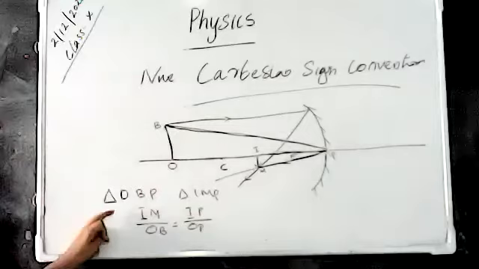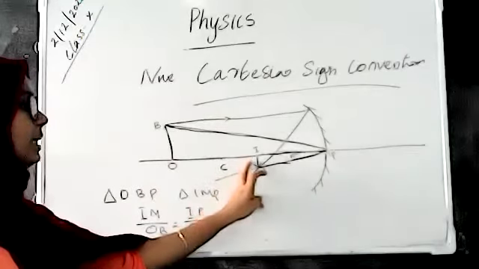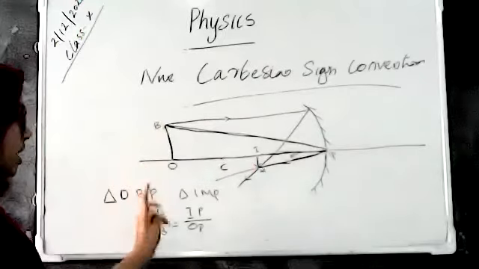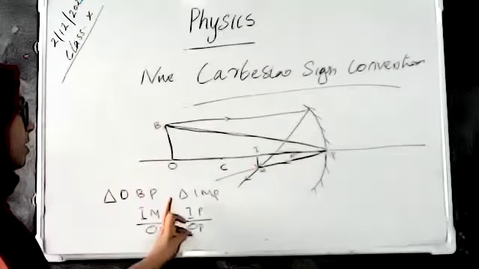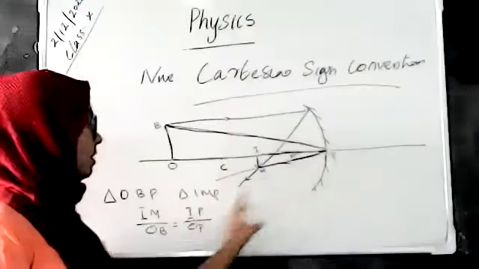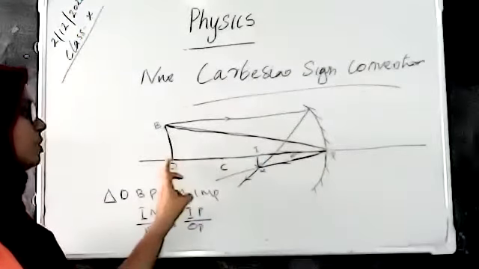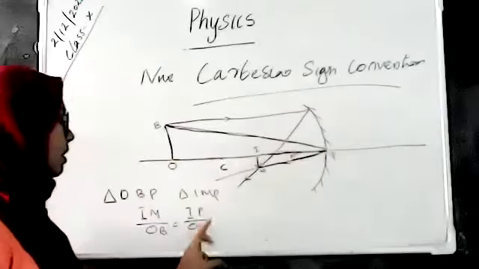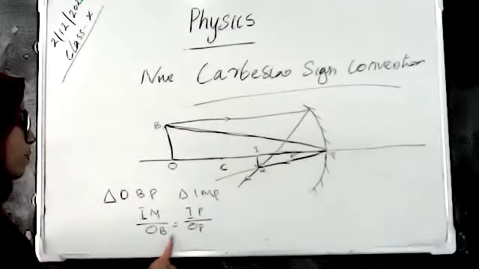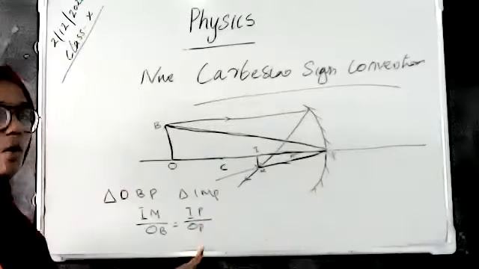That is, the height of the image divided by the height of the object is equal to the distance of the image from the mirror divided by the distance of the object from the mirror, IP by OP. IM by OB is equal to IP by OP.